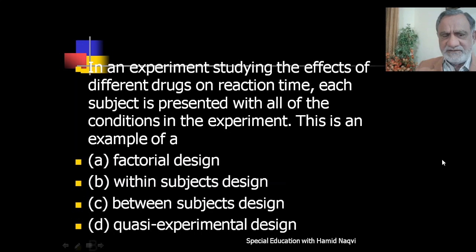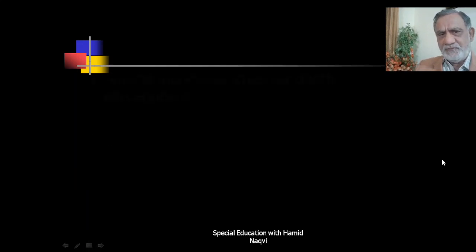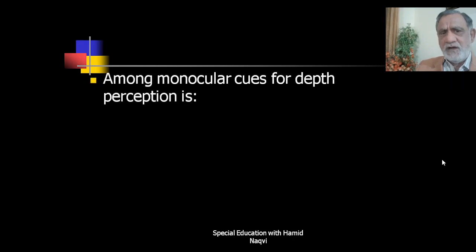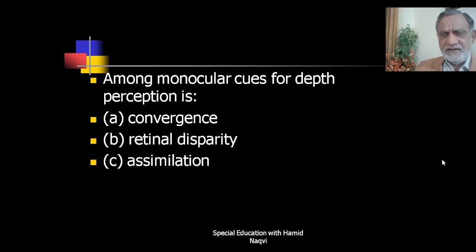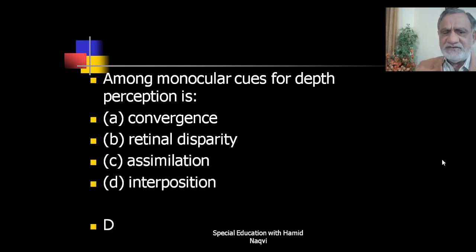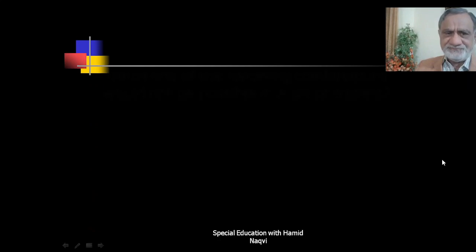The correct answer is B, that is within subjects design. Among monocular cues for depth perception is convergence, retinal disparity, assimilation, or interposition. The correct answer is D, that is interposition.